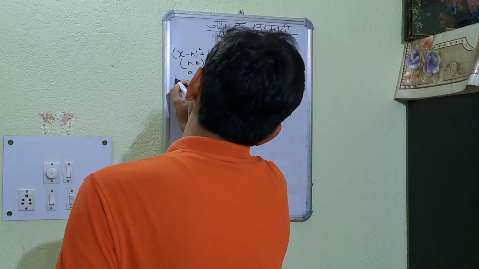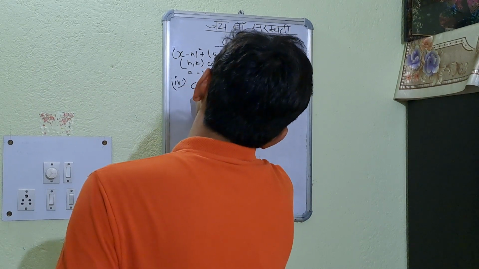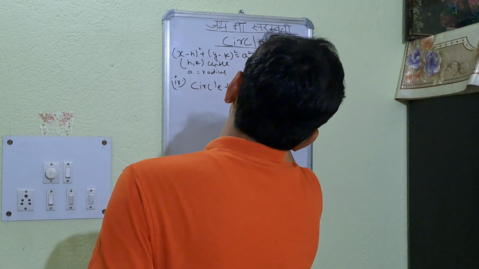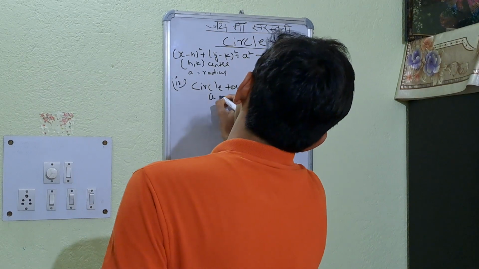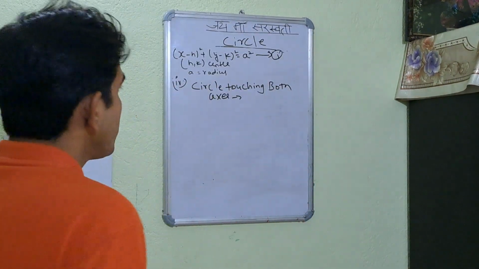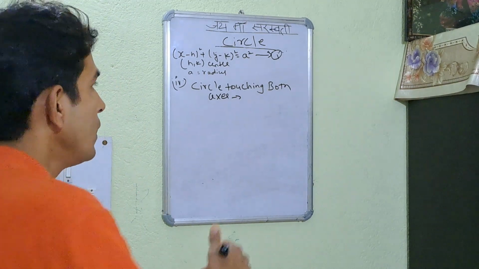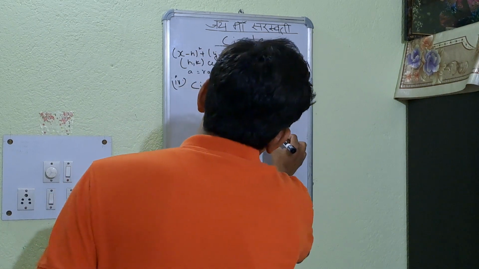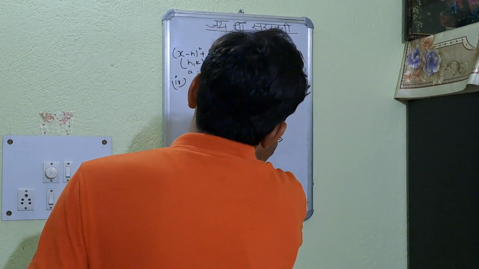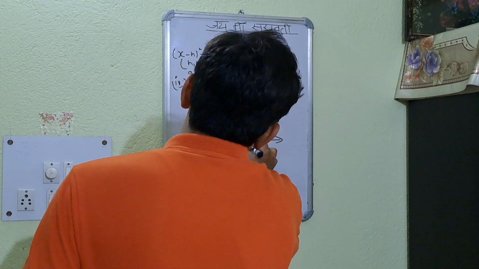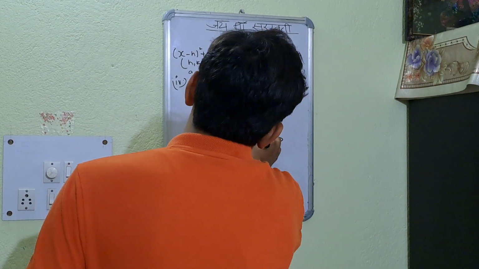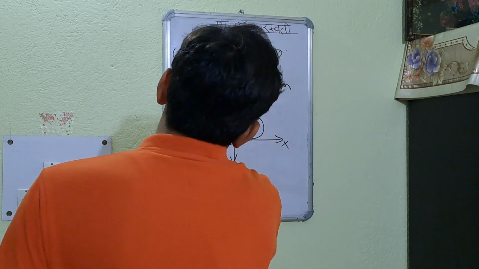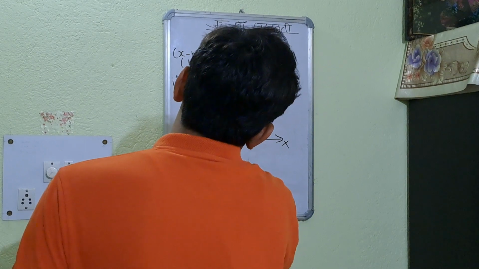So whenever the circle touches both axes, we will draw an axis diagram here, and we will draw one circle which touches both the axes. So in this way, whenever any circle is touching both the axes, suppose O is the origin, the horizontal is the x-axis, and the vertical is the y-axis.